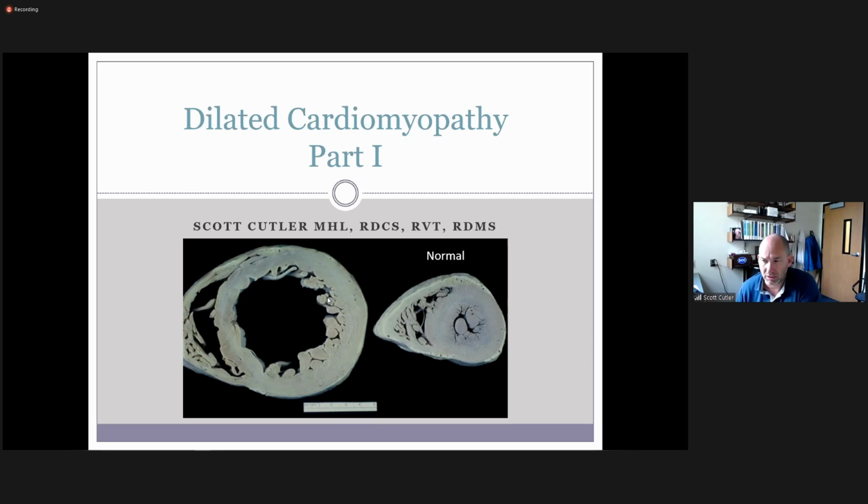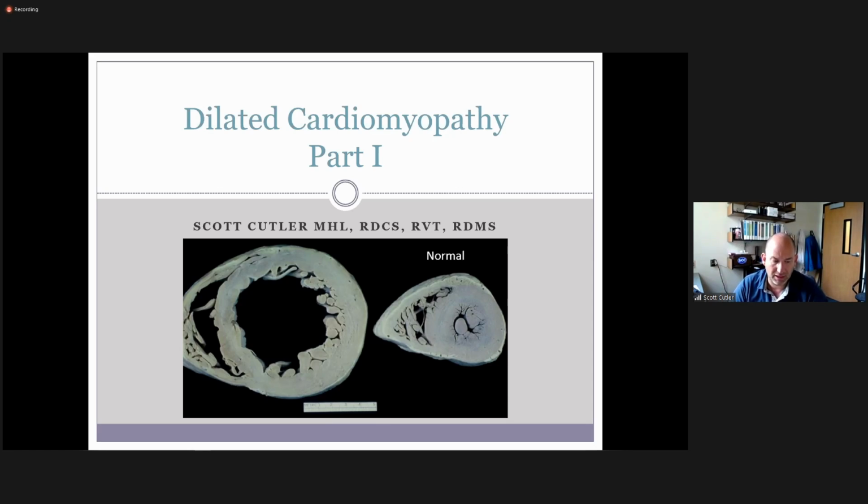I'd say this is more than the average person has. It might be a little bit closer to the apex, and that might be why. Considering this is dilated, this shot may be right close to the apex, but this still seems quite thick from what it should be. We're looking at big dilated chambers.